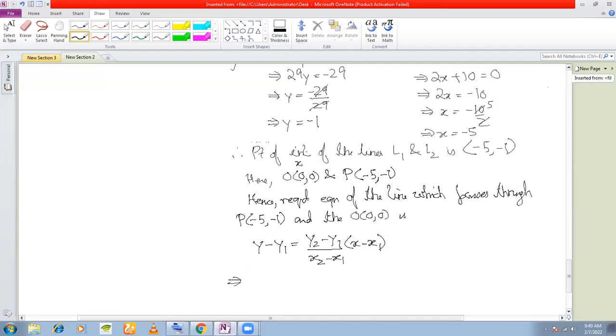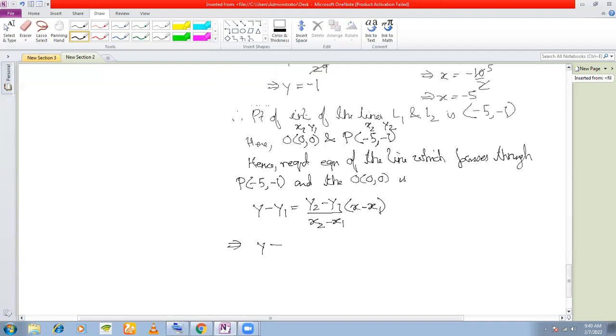So now in this, if you consider this as your x1 y1 and this as your x2 y2, anyway you can consider. Okay. So you have y1 is 0, y2 is -1, x2 is -5, x1 is 0, so 0. Okay.